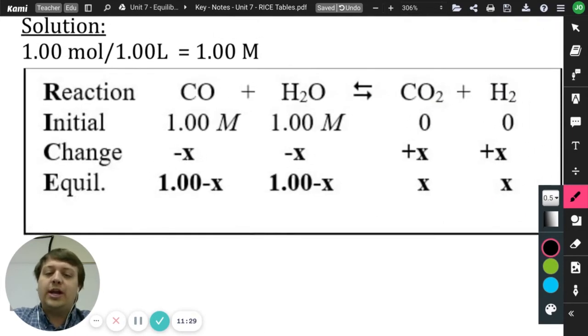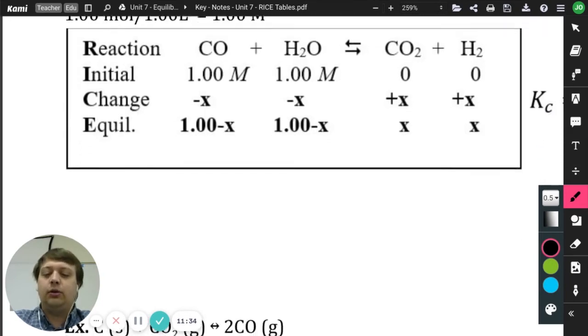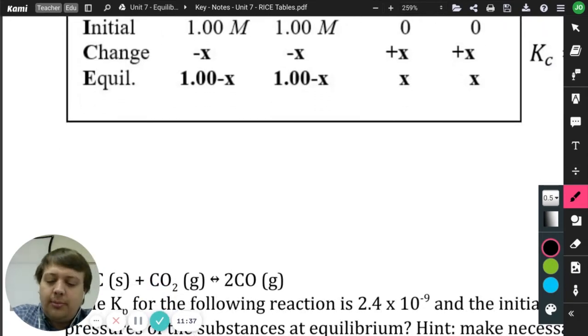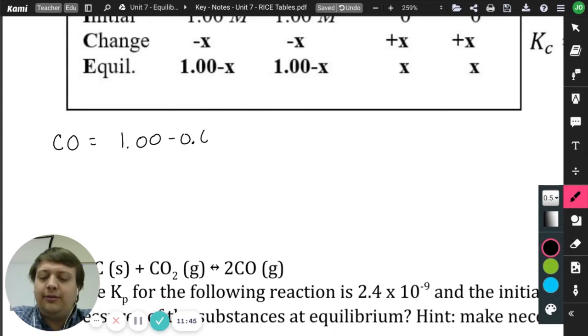So the question asked me to solve for the concentrations of all species at equilibrium. So for carbon monoxide, it is 1.00 minus my x value, which was 0.693. So the concentration of carbon monoxide is 0.307.